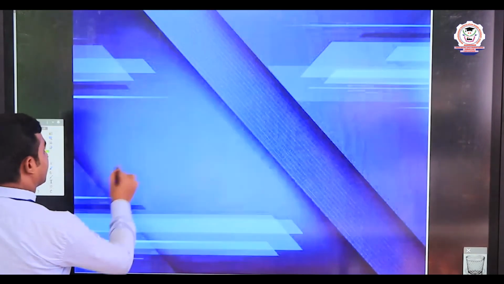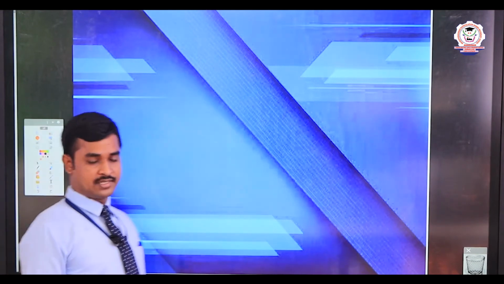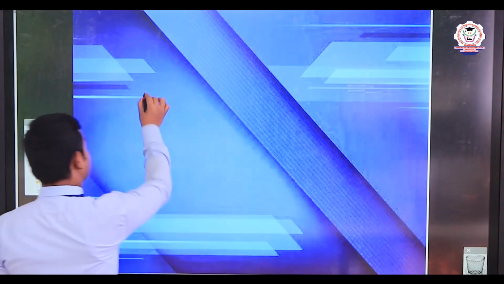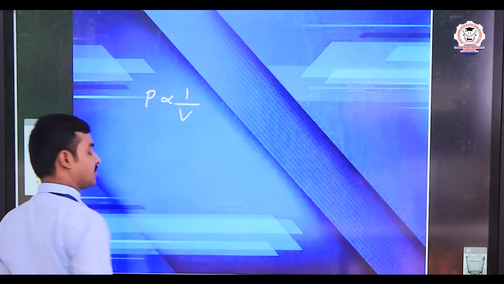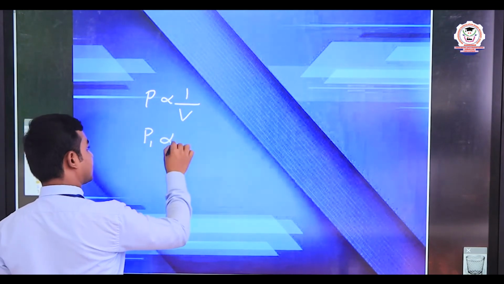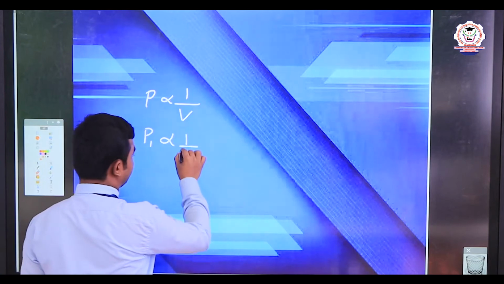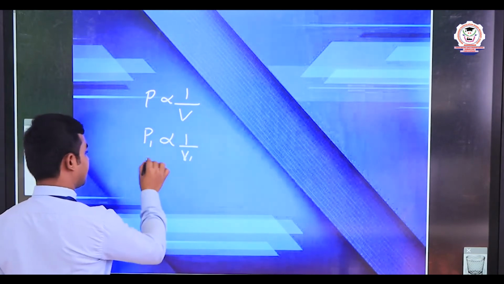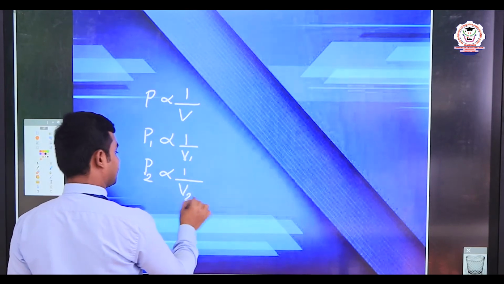This is the experimental diagram. So, now we know well about Boyle's law. According to Boyle's law, P is proportional to 1 by V. So, if the initial pressure is P1, the initial volume is V1, the final pressure is P2 and the final volume is V2.